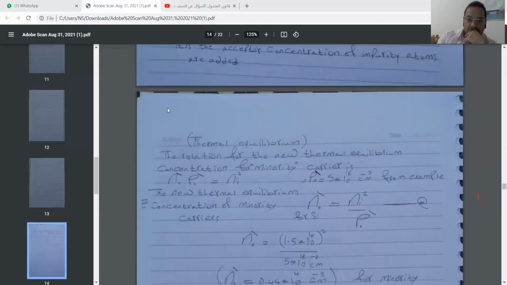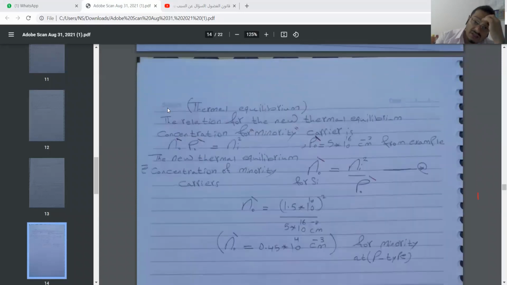And repeat. Keep going. At thermal equilibrium, the relation for the new concentration of minority carriers follows the mass law, N naught P naught equals the intrinsic carrier concentration squared. Here at thermal equilibrium, we will put prime on all of them, the concentration of holes and the concentration of electrons.